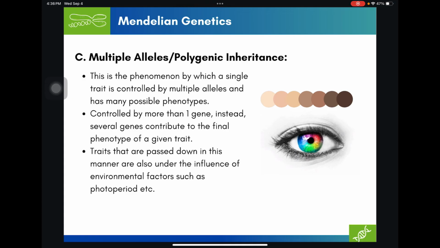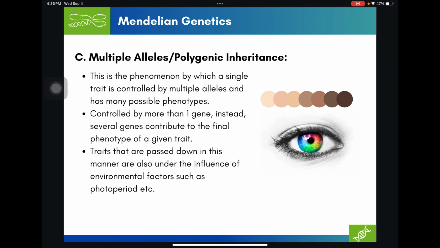Our next part is multiple alleles of polygenic inheritance, wherein a specific trait is controlled by more than one gene. Instead, there are several genes that may contribute to the final phenotype of a given trait. So, for the traits that can be passed down from parent to offspring, there are many different variations because of that.